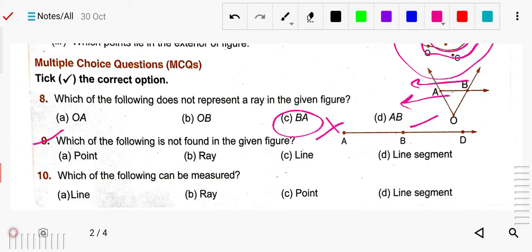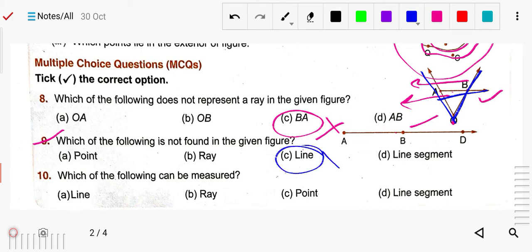Got it? Now number 9, which of the following is not found in the given figure? Point, yeah, point is available. Ray is also there, because point is there. Next, is line there? No, because ray is there. Ray is there, point is there, but is there a line?